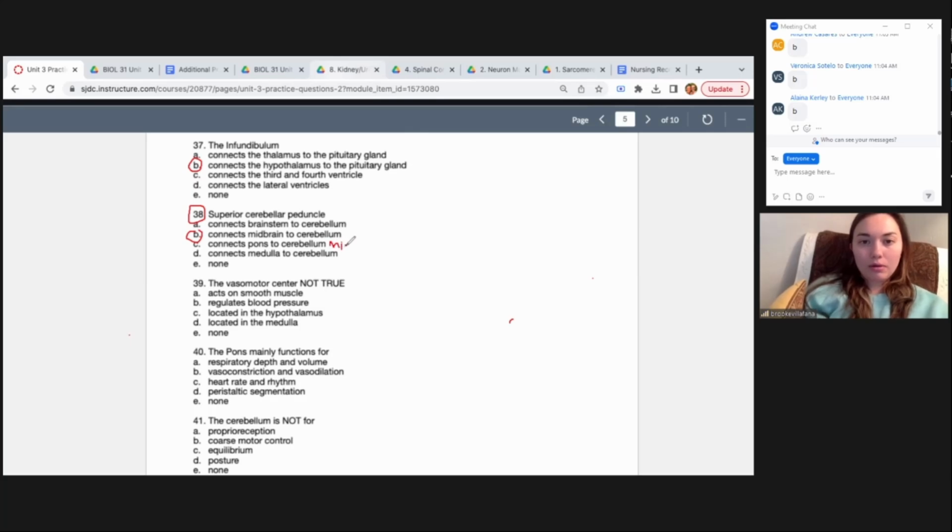The middle, remember the peduncle is just a connection for the cerebellum. The middle cerebellar peduncle connects the pons to the cerebellum, and then the inferior cerebellar peduncle connects the medulla to the cerebellum.